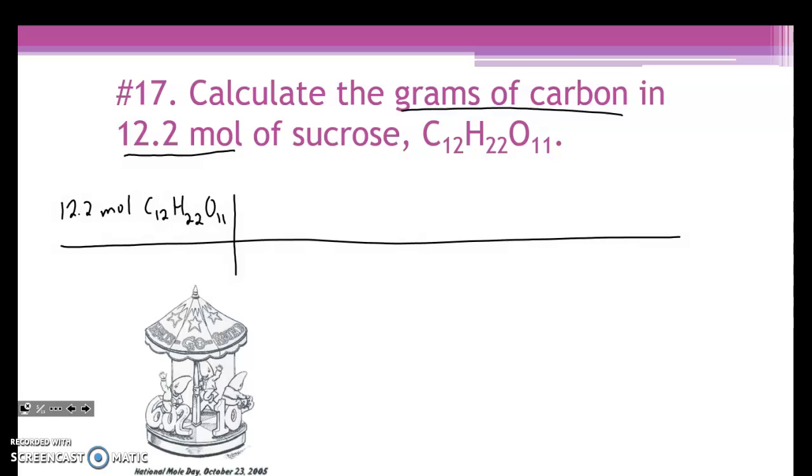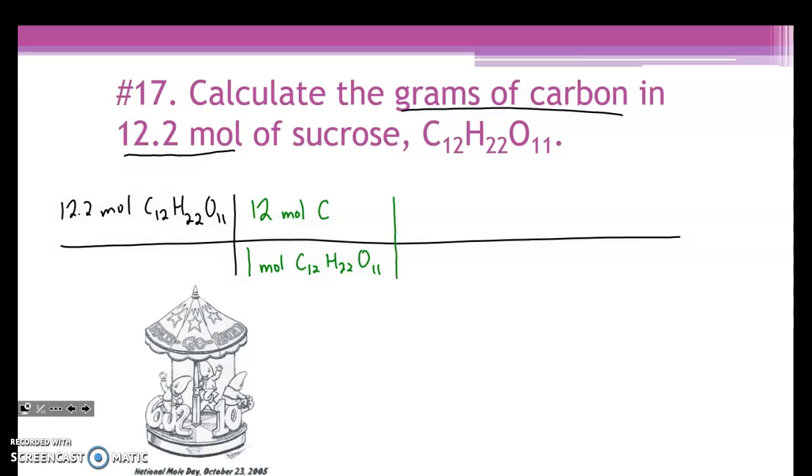I'm going to go ahead and get into carbon because I really don't want to calculate the molar mass of sucrose. That would take me a while. It's okay to use a mole-to-mole ratio right at the beginning. For every 1 mole of C12H22O11, you have 12 moles of carbon specifically, because there are 12 in there.